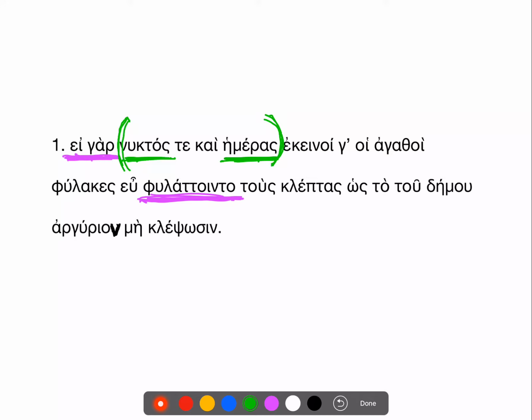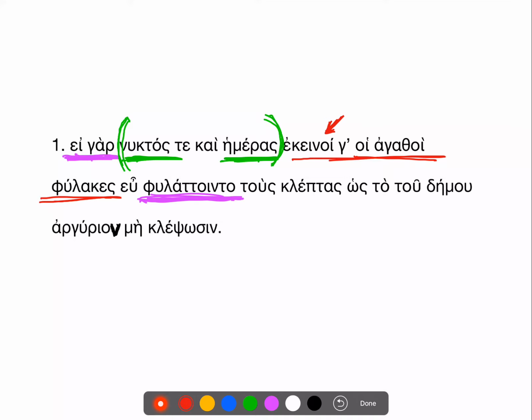Okay? By day and by night. How about? Good. All right, so now we have the subject of the verb. It's these ekeinoi hoi agathoi phulakes. Now this ekeinoi, we're going to talk about ekeinos in a minute, but that ekeinoi means those, and it agrees with the phulakes.